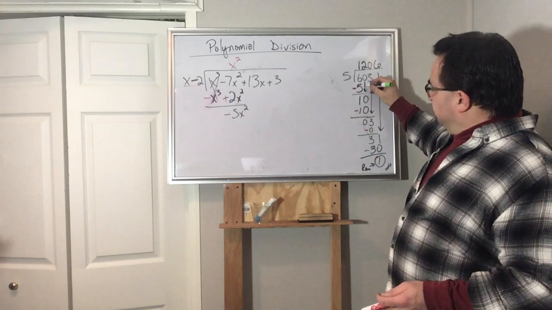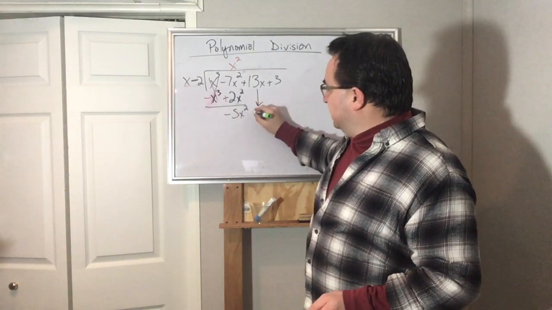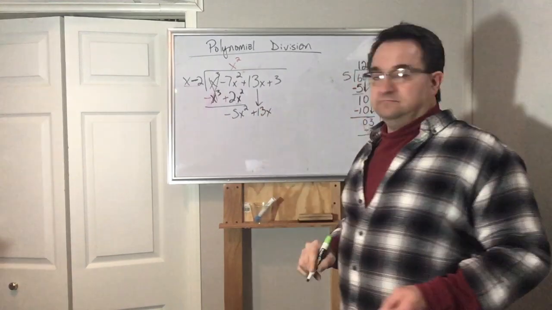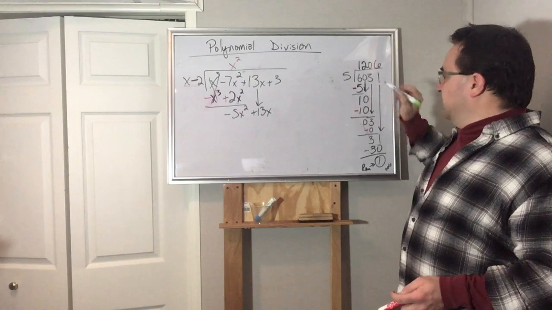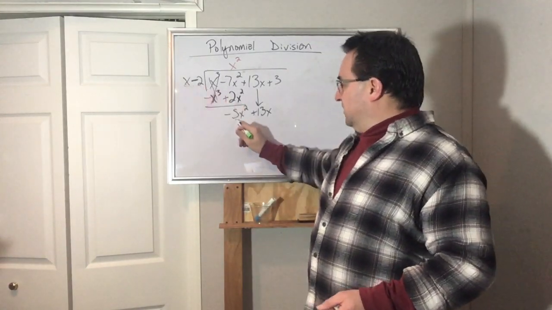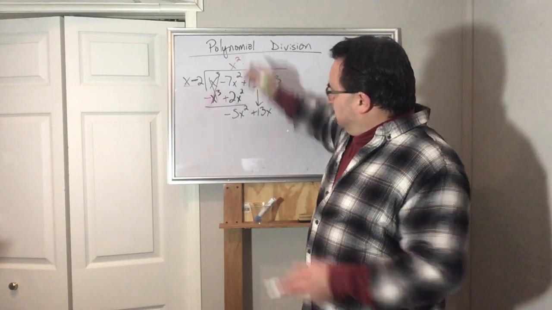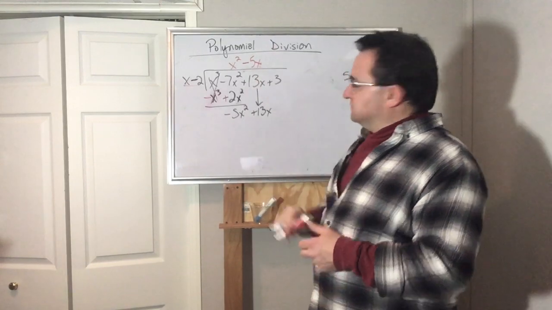So then what did I do? I pull down the next digit. Here I'm going to pull down the next term. And then I start it all over again. I go 5 goes into there how many times? I got to start all over. So I go x times what equals this minus 5x.